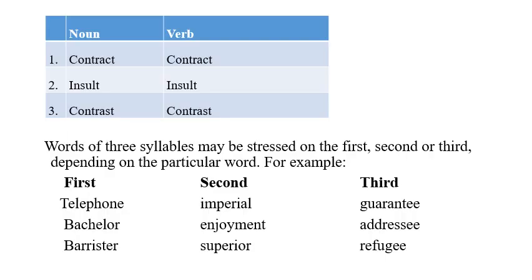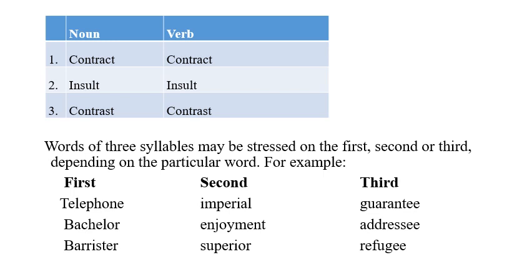Now, contract, insult, contrast. So when you stress the first syllable, the word appears as a noun: contract. But when you stress the second syllable, it appears as a verb: contract.